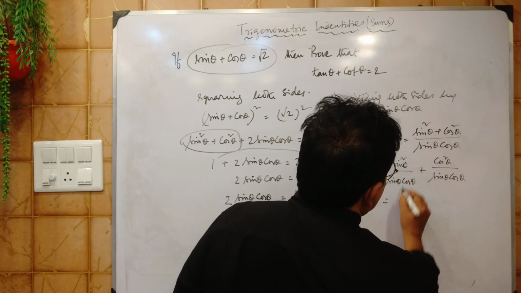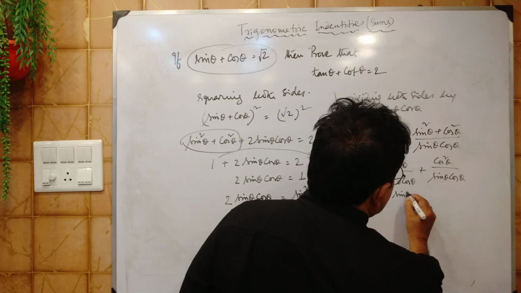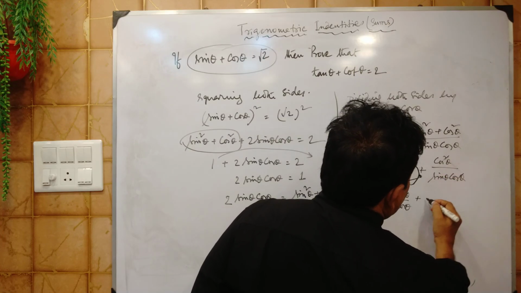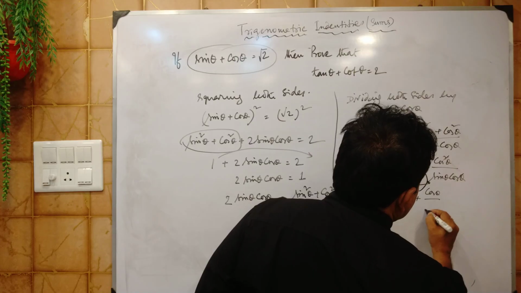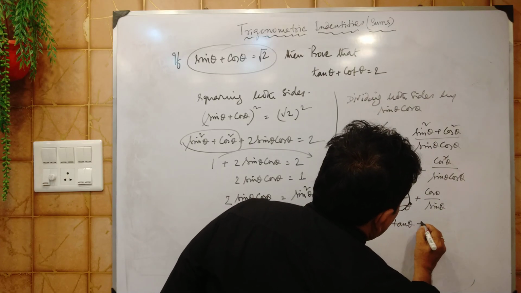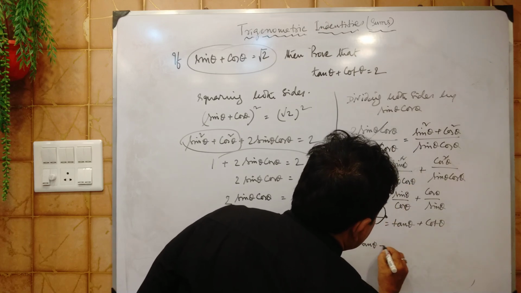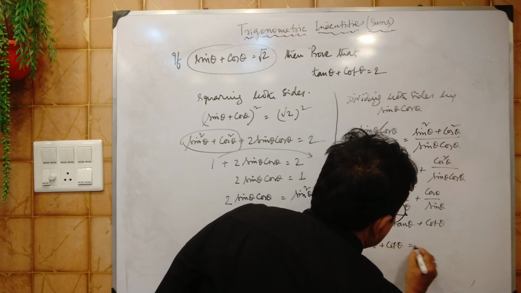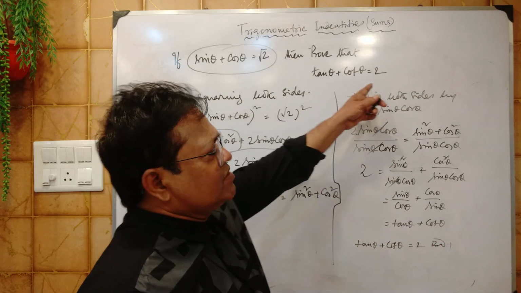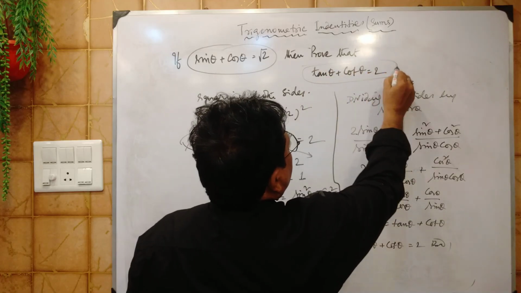So we will get one sin theta cancelled, that is sin theta by cos theta, plus one cos theta cancelled, cos theta by sin theta, that is tan theta plus cot theta. So tan theta plus cot theta is equal to 2, proved. It is to be proved.